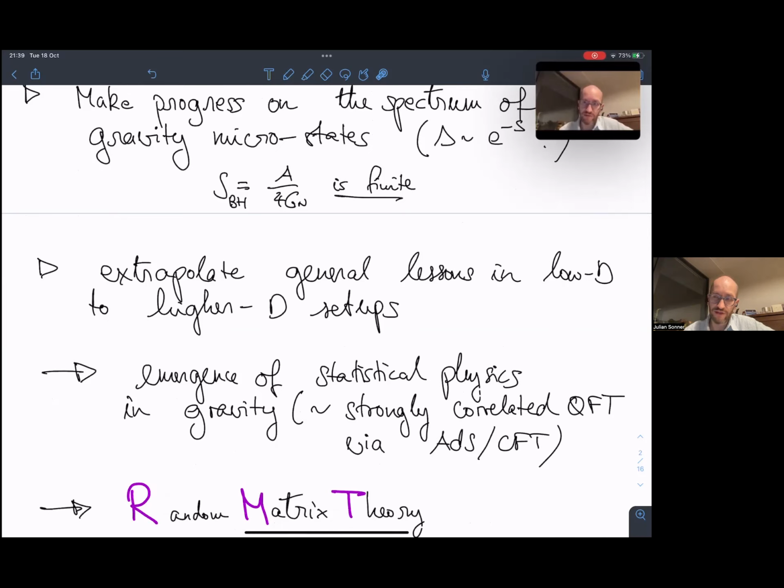But of course, one of the big questions is, what does any of this tell us about physical dimensions or higher dimensional setups? We would like to see conceptually how we can extrapolate general lessons in lower dimensions to higher dimensional setups.